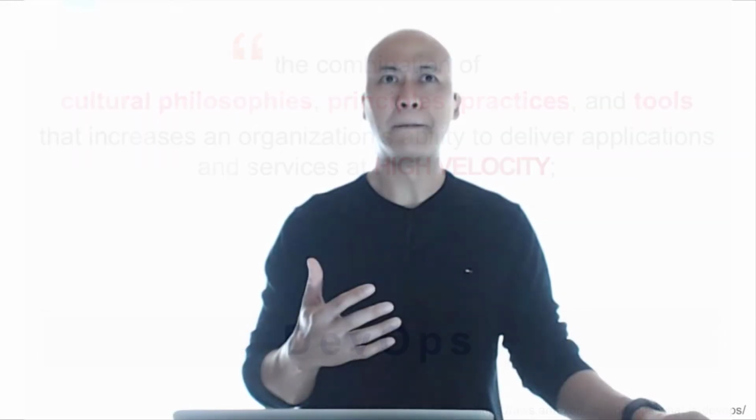I remember the days when I was still working as a data center engineer. We've been doing DevOps even before everybody started calling it DevOps. And it's not just knowing how to use the tools. It's not just knowing how to automate things. It is a combination of all of these four things.